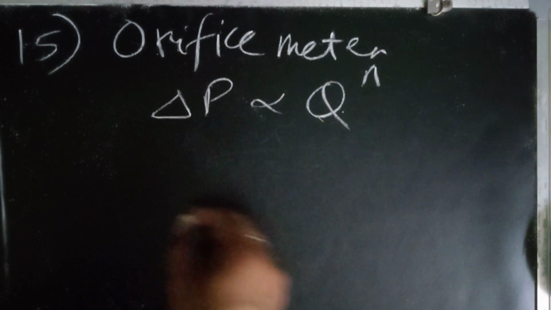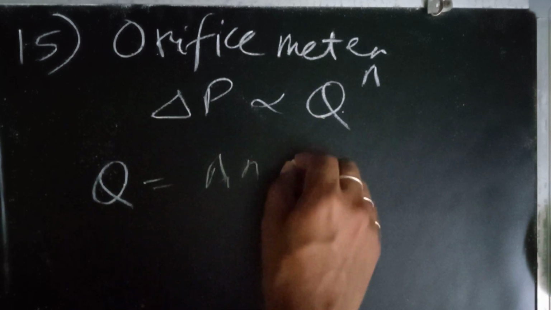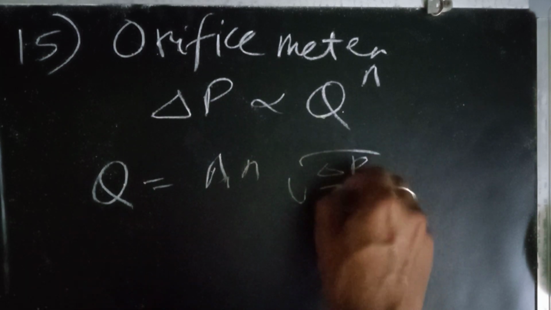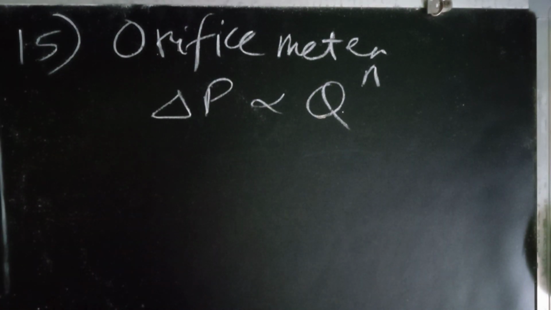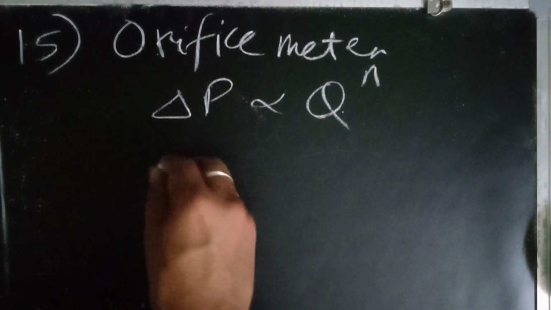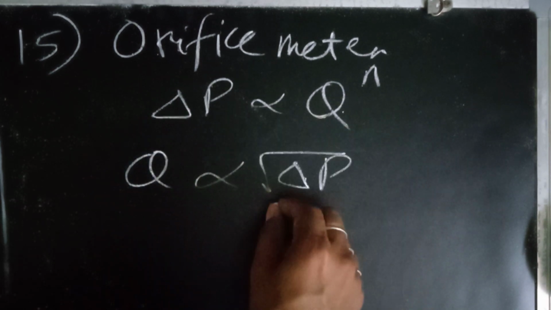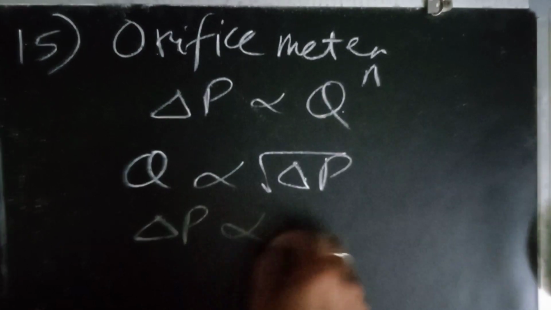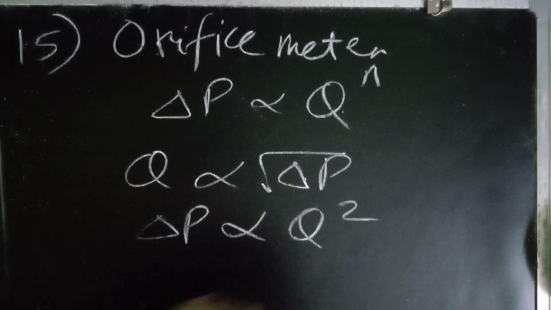We know Q was like A1, A2, this kind of stuff, and under root delta P by rho something. This was there in the orifice meter formula. So Q should vary with under root delta P, that means delta P should vary with Q square. So in the orifice meter this was the thing.